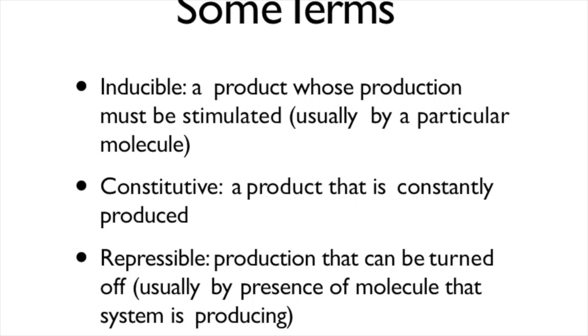Okay. Now, if a region of the genome contains a gene, and it will have what we call regulatory elements that allow that gene to be transcribed and translated under certain circumstances, we would call that inducible.